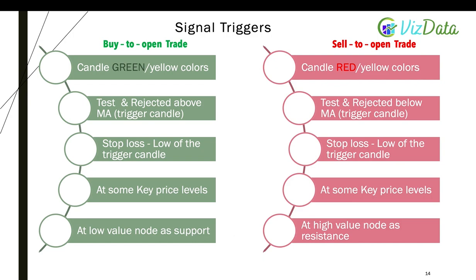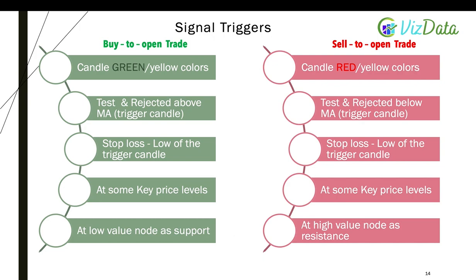And when should we take this trade is also very important, right? At what level do we need to take this trade? Will this work at every level? Maybe, maybe not. Then what is the high probability level at which this setup could work? At key price levels, okay? What are key price levels?